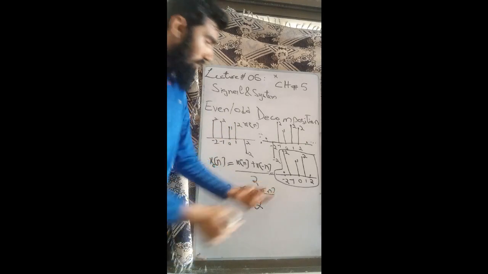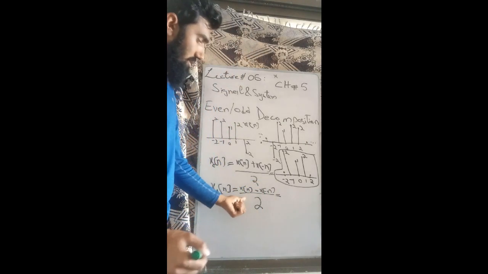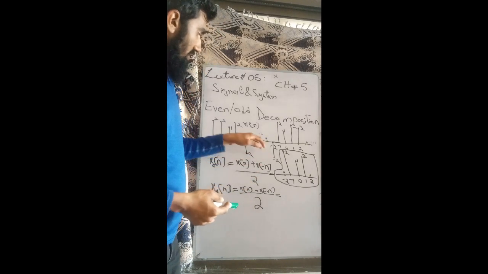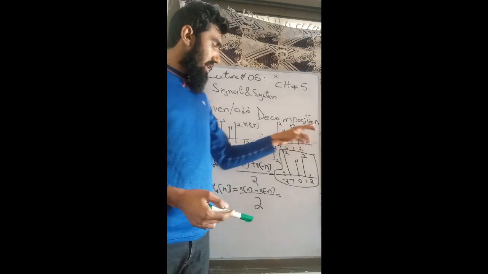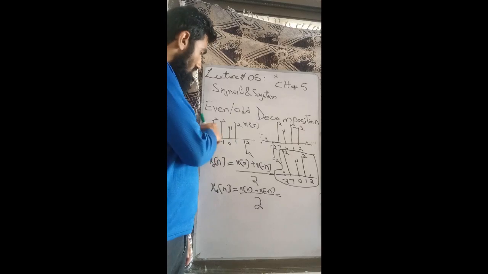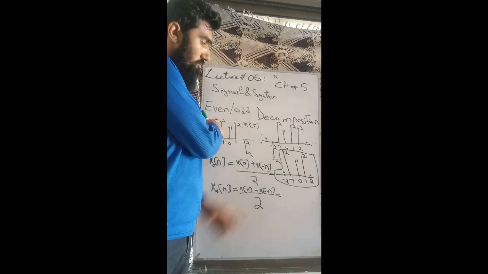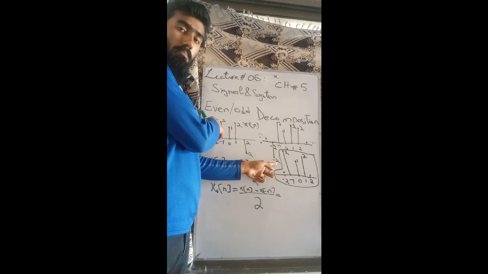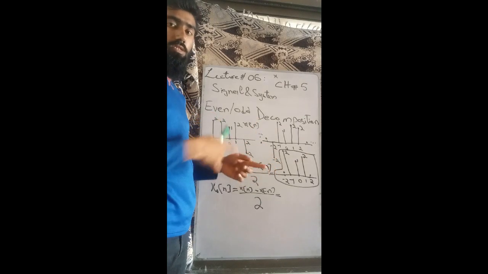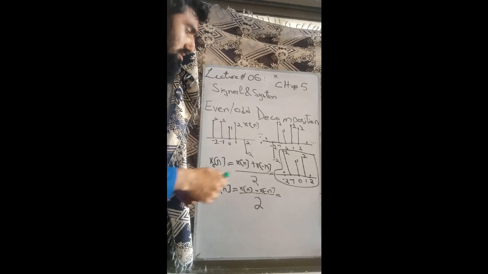So how will we decompose into the odd part of this signal? We will subtract this signal from this signal and divide by 2 using this formula. So here at -2 I have 2. 2 minus, into -2, is plus 2. 2 minus into -2 is 2 plus 2, and it is 4, and dividing by 2 again we get 2.